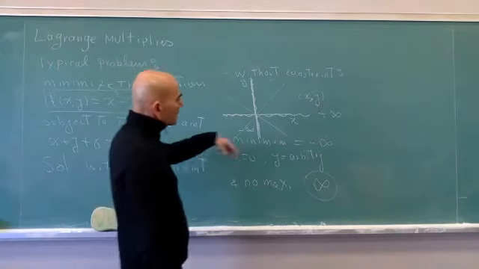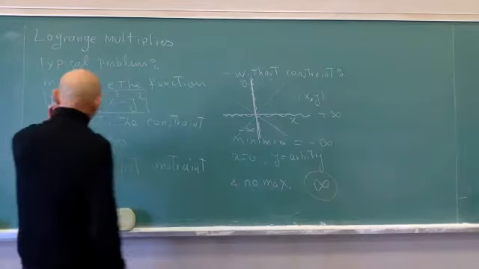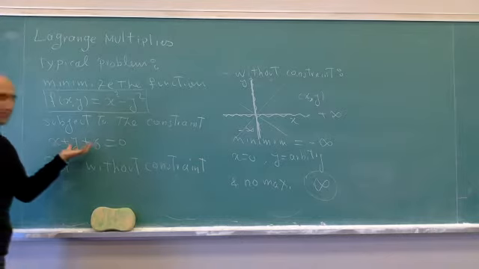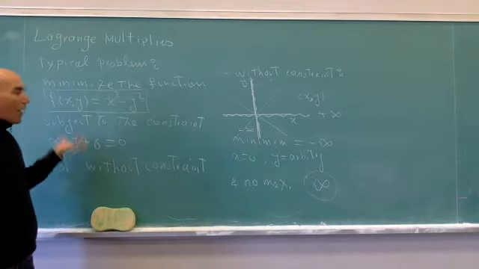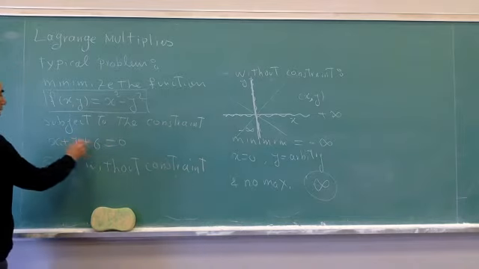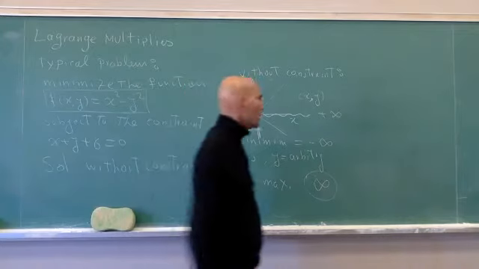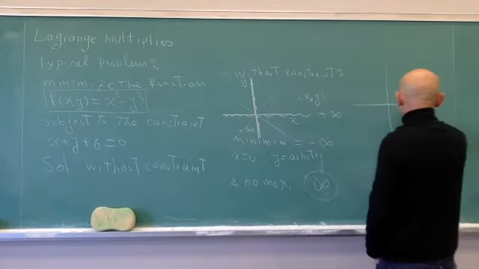Okay, so that's the easy problem that we already know how to solve, and we already tackled this sort of issue before. But here is something new. Look, we are told that x and y are not arbitrary. x and y are subject to this condition, x plus y plus 6 equal to 0.